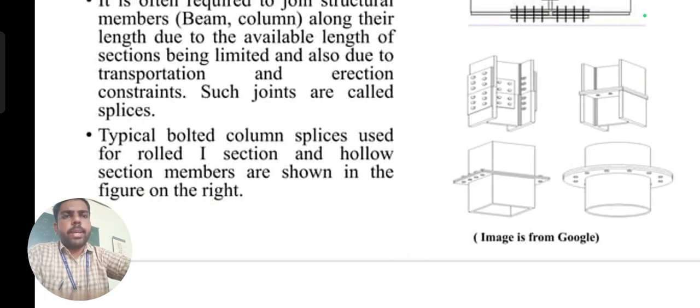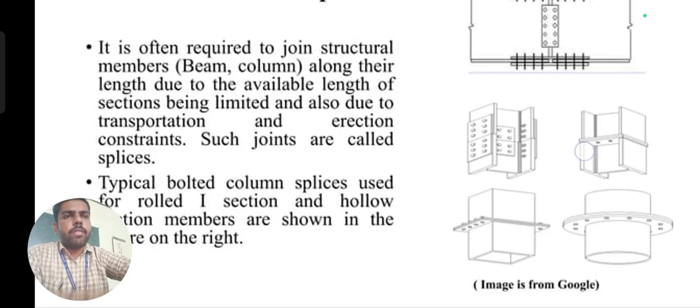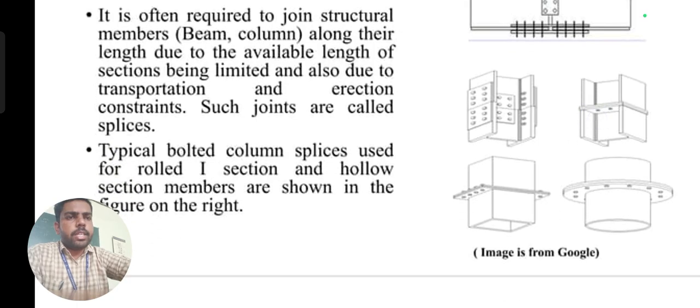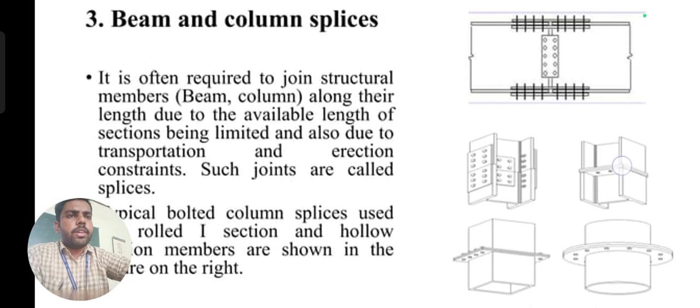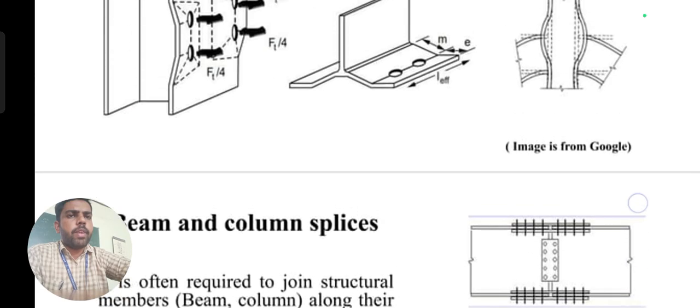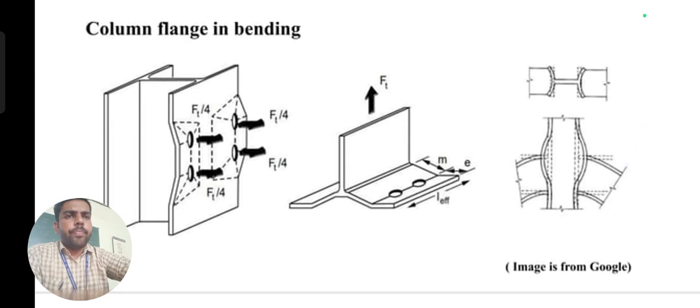This typical bolted column splice is used for rolled I section and hollow section members as shown in the figure. See here, a rectangular hollow section connected to another hollow section, and a circular hollow section connected to another circular hollow section. This type of overlapping should be provided in the bolted connection, and riveted connections may also be provided in that scenario.